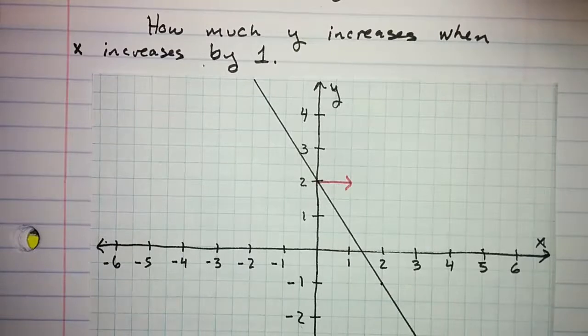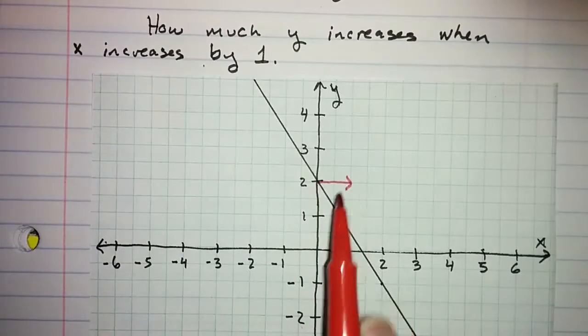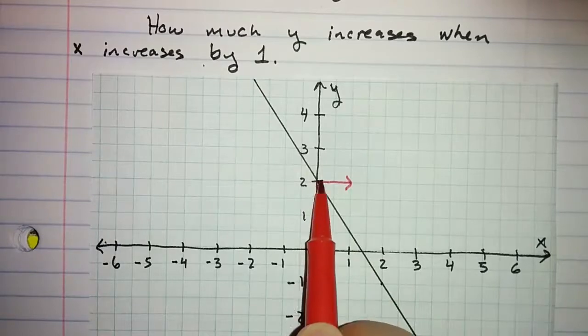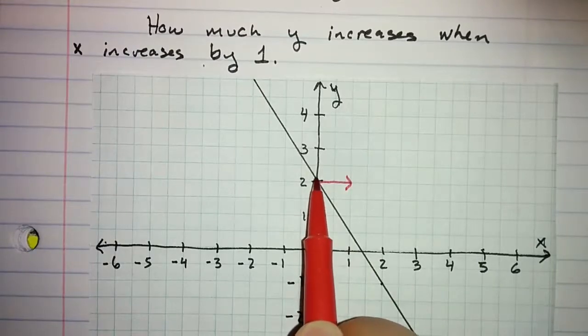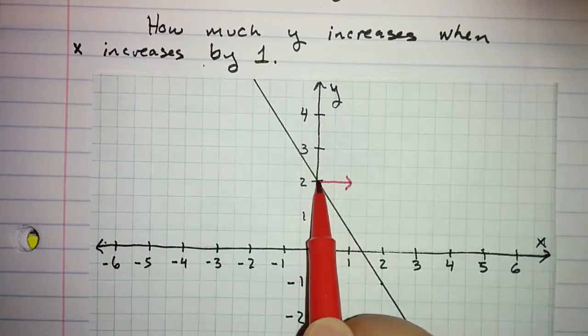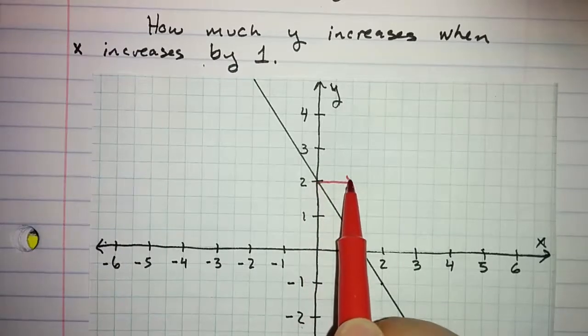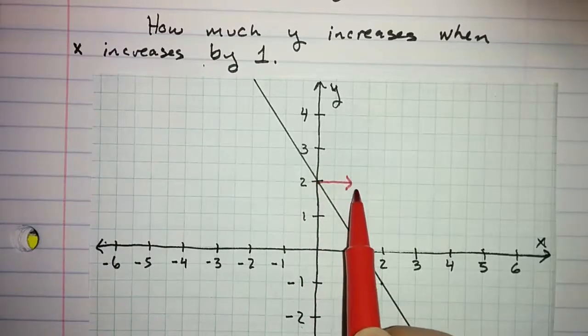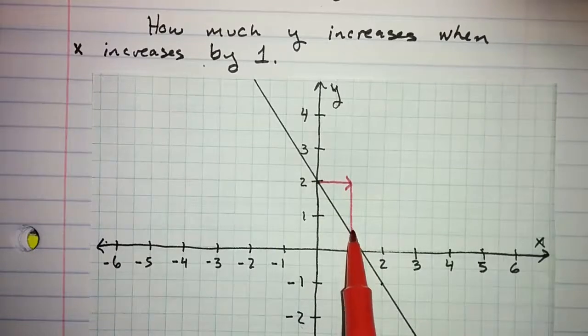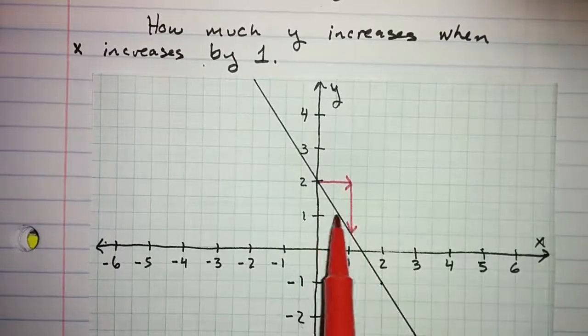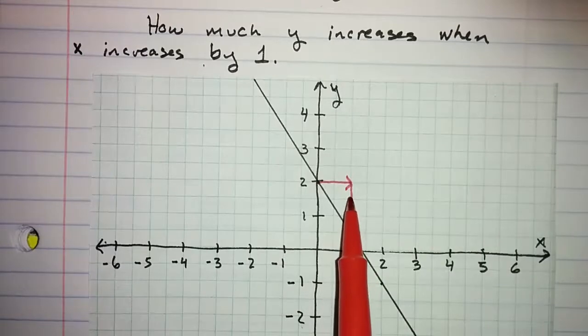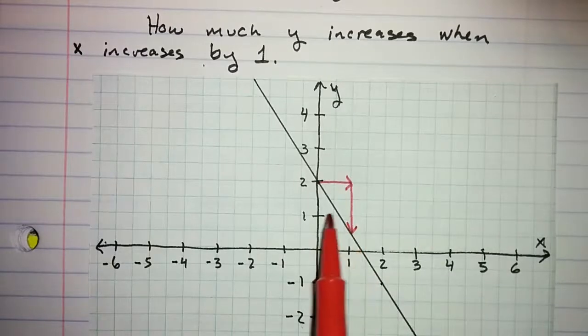X increases by 1 means we move 1 unit to the right. I just picked this point to start with at random, by the way. If we start at this point on the line and move 1 unit to the right, in order to get back to the line, we have to move down by, each of these little squares is half a unit, right?